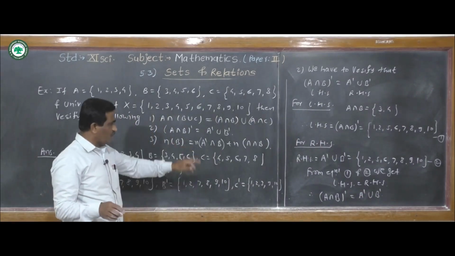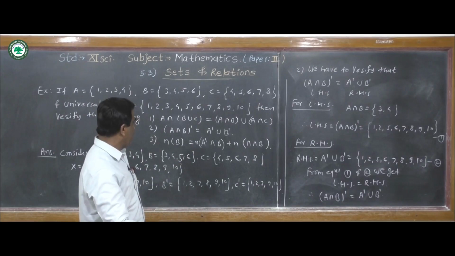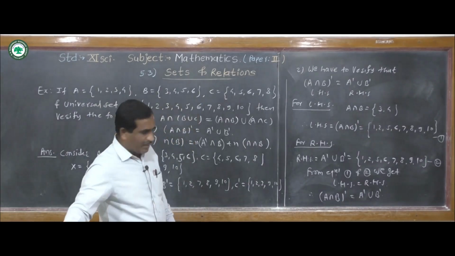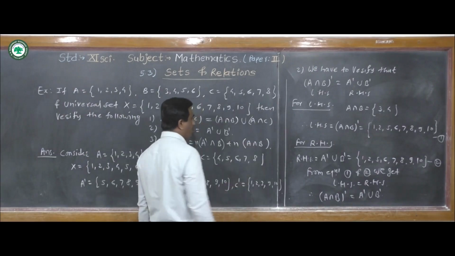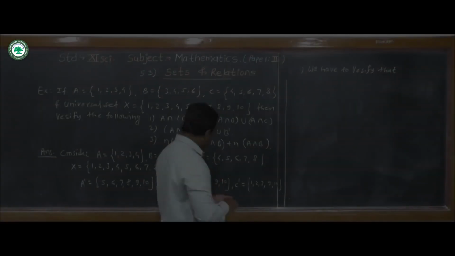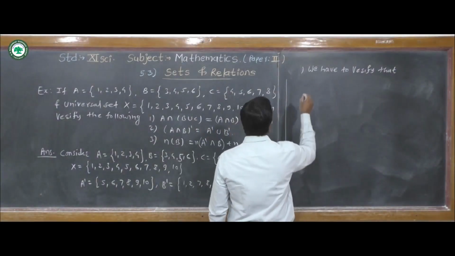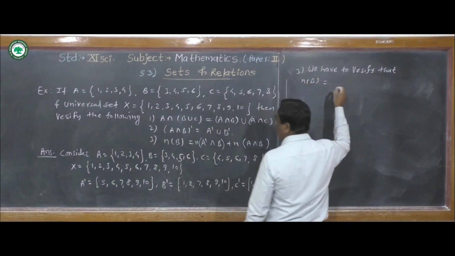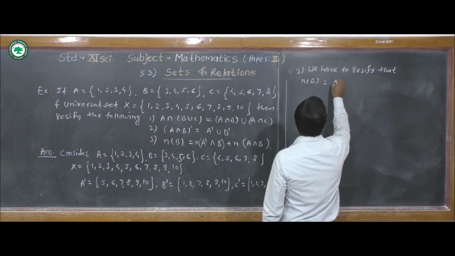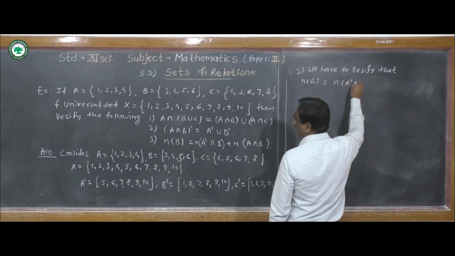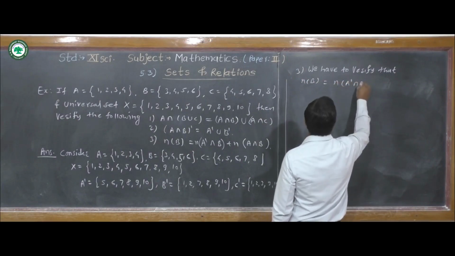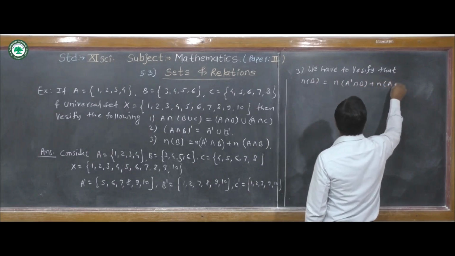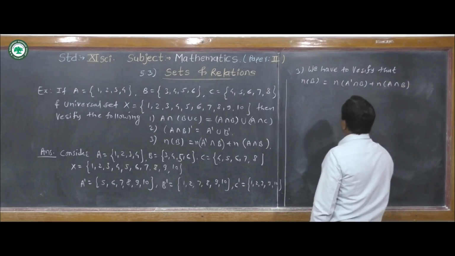Number of B is equal to number of (A dash intersection B) plus number of (A intersection B). Now here we have to verify this.